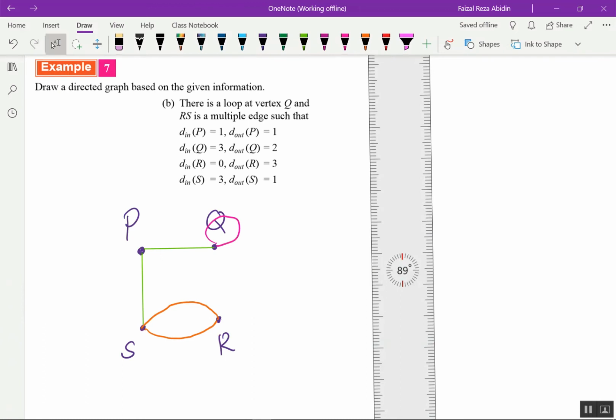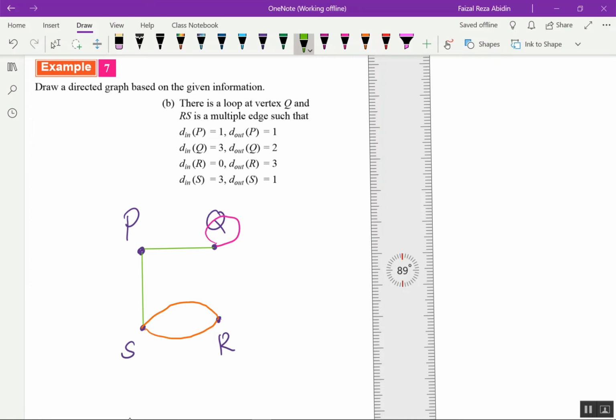Next, how I want to determine first. Okay, this one, degree in Q is 3, out is 2. So the loop here is counted as 1 for in. Okay, out also 1. So in over here we have 3.